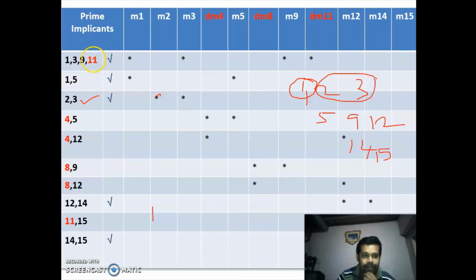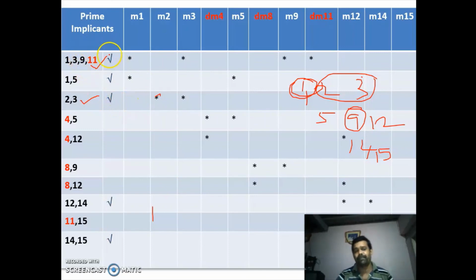So we are ticking 1, 3, 9, 11. Another advantage is that when you tick 1, 3, 9, 11, 9 is also getting grouped. Initially 2, 3 is ticked by getting only one star in the column.